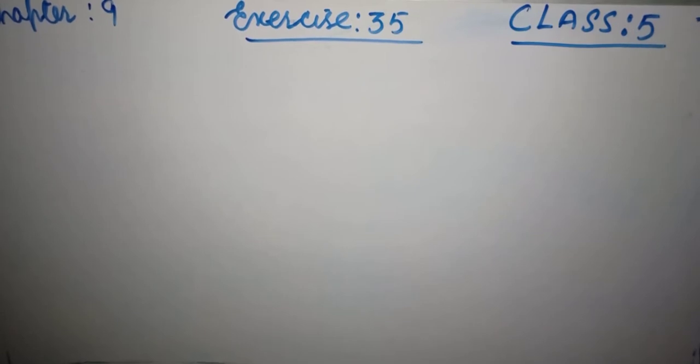So friends, prior to this video we had already learned how to solve the sums, question 1 to 7 of exercise 35. So in this video session we will talk about a couple of questions from question number 8 to 15.